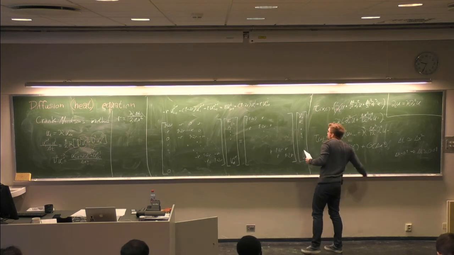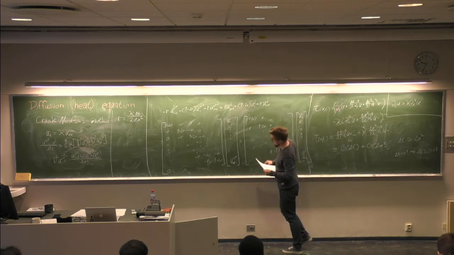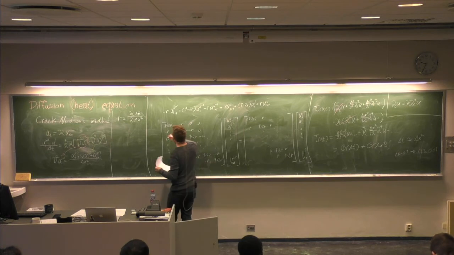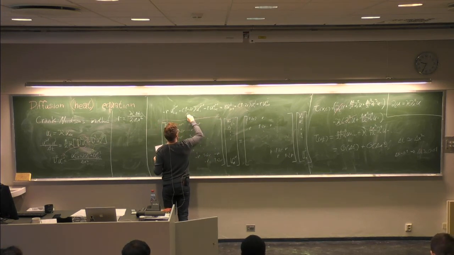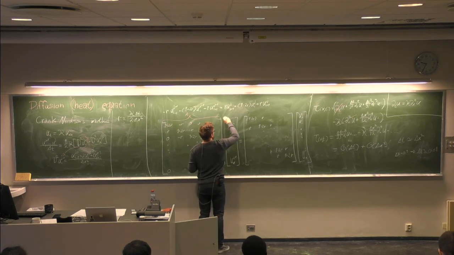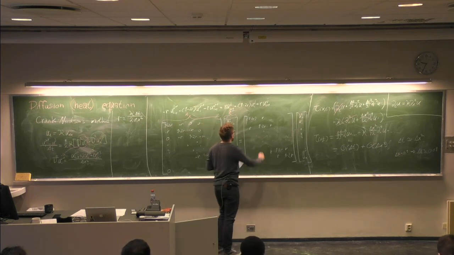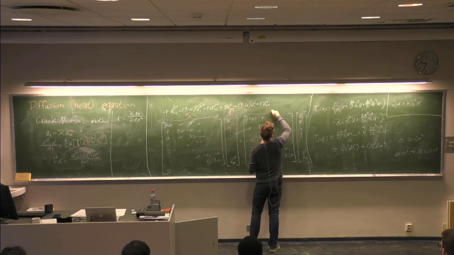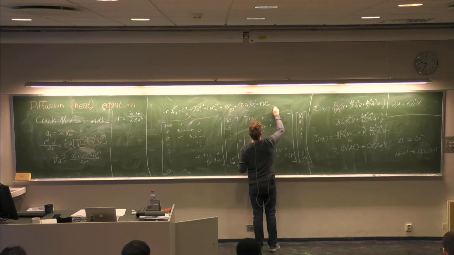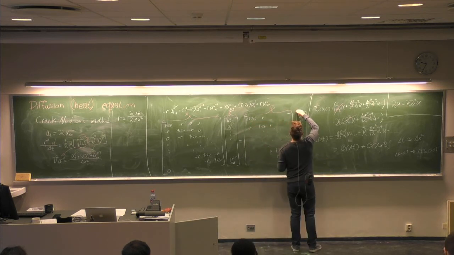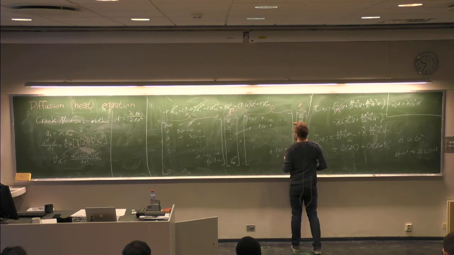Let's see. If you call this matrix A, and this one big B, and the vector u_j.